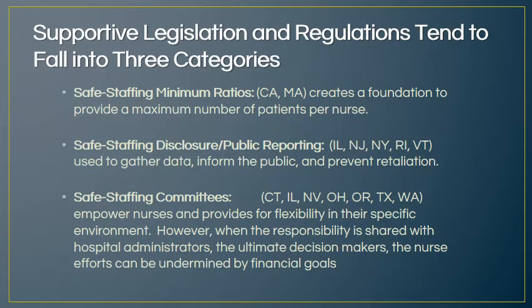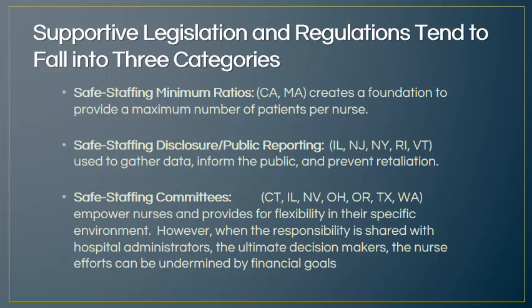Supportive legislation and regulations tend to fall into three categories. Safe staffing minimum ratios. This creates a foundation to provide a maximum number of patients per nurse. Safe staffing disclosure and public reporting is used to gather data, inform the public, and prevent retaliation toward nurses that object to unsafe conditions.